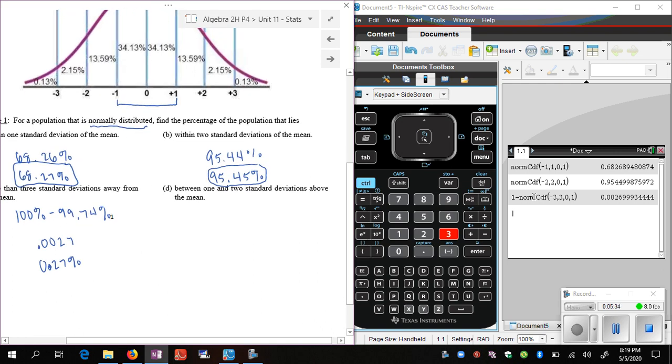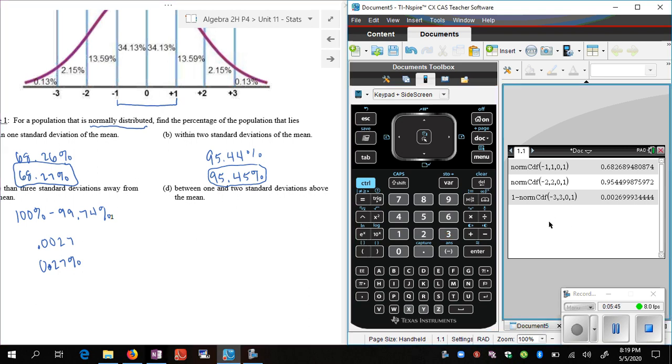Okay, so the next one is between 1 and 2 standard deviations above the mean. And for that one, we're going to go Normcdf. If I start to familiarize myself with this format, the first number is the lower bound. So if I'm going 1 and 2 standard deviations above the mean, I'm going from +1 to +2 on the bell curve.